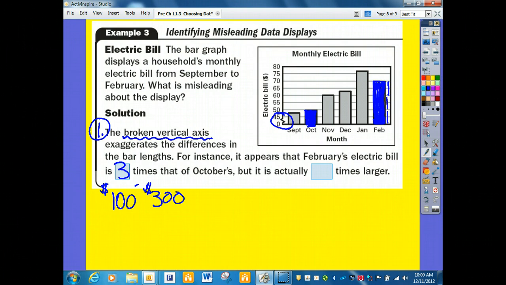In actuality, how much bigger is it? How big is October's? $50. And February's? $70 is all. So actually it's only how much bigger?